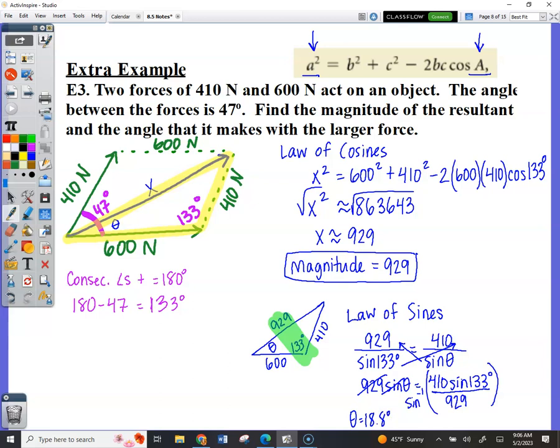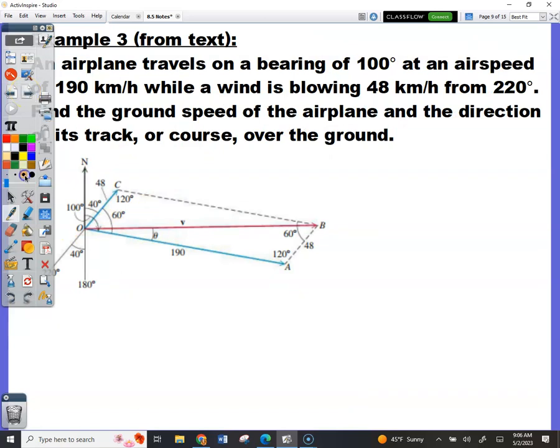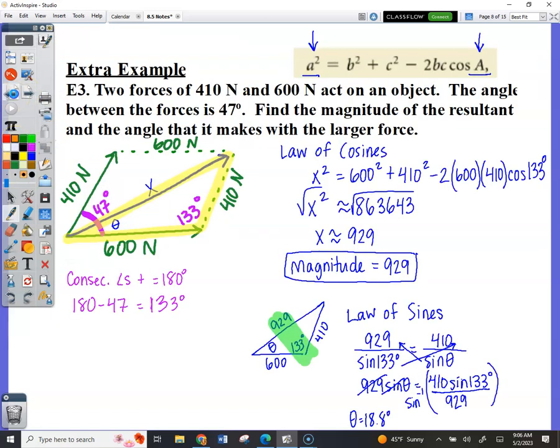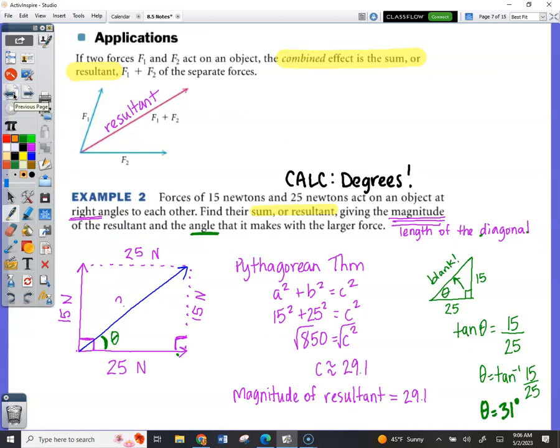Now what I want you to do is go back to the last slide. These are the exact same problems.